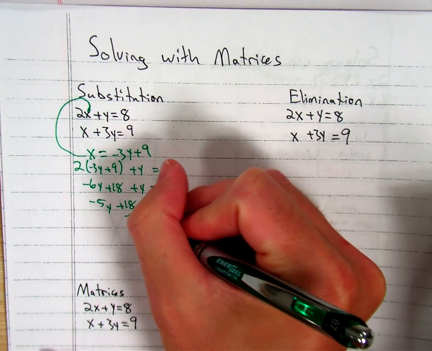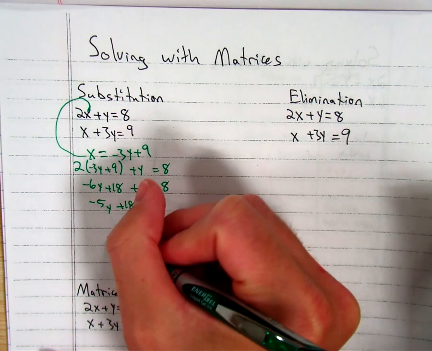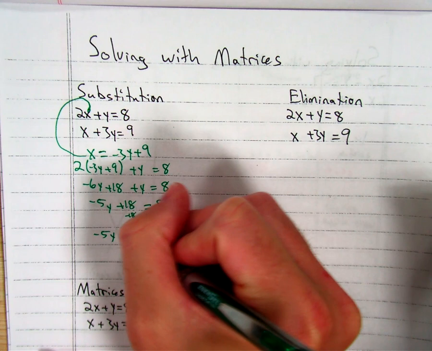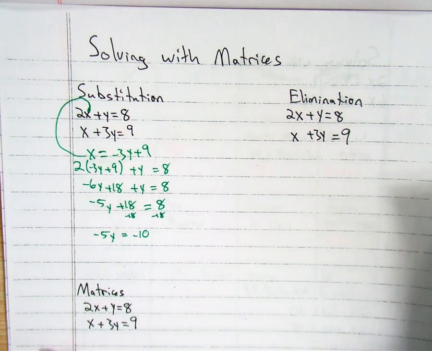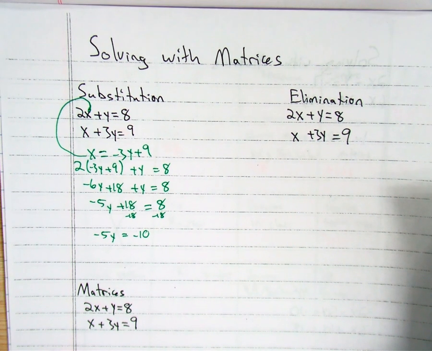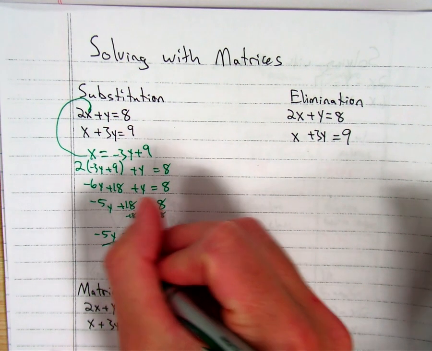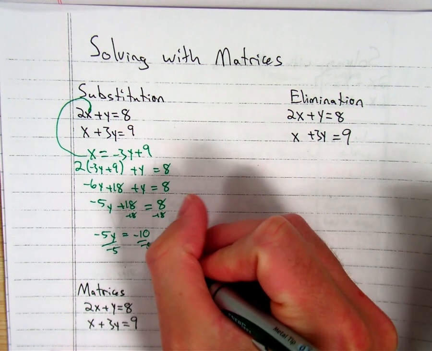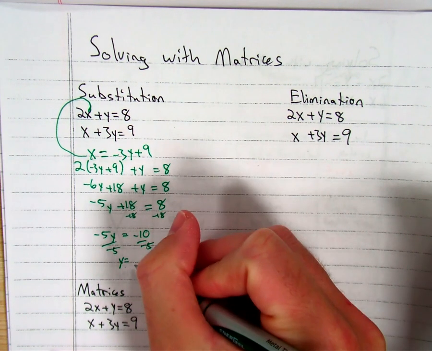Let's subtract 18. Give you a chance to catch up there if I'm going too fast. And divide by negative 5. y equals 2.